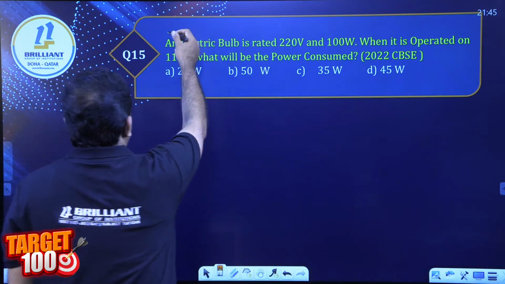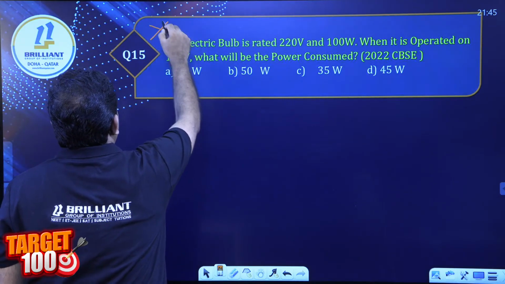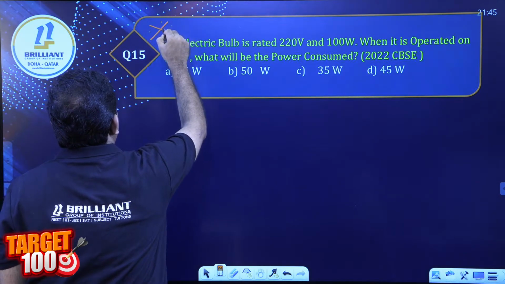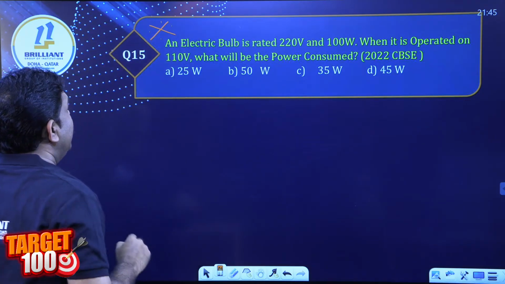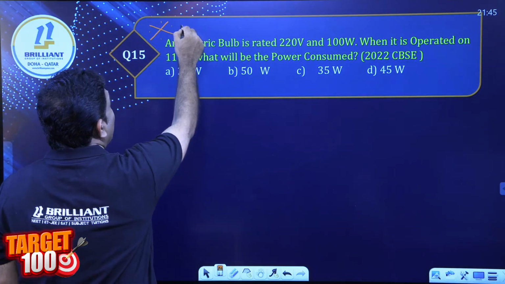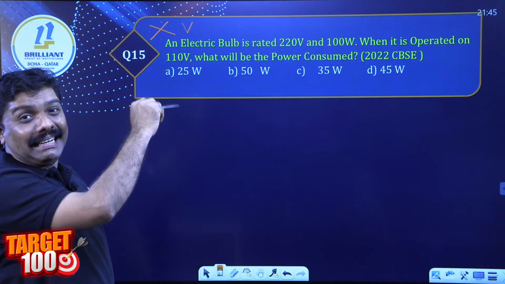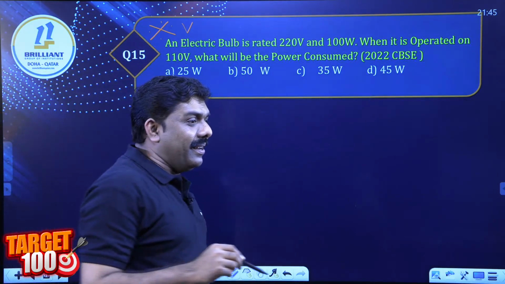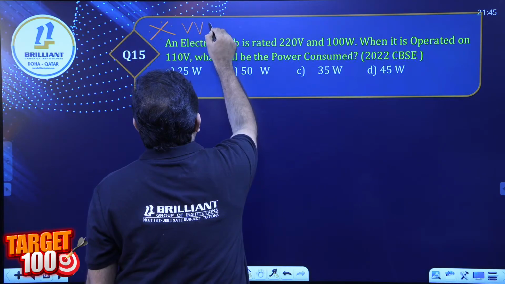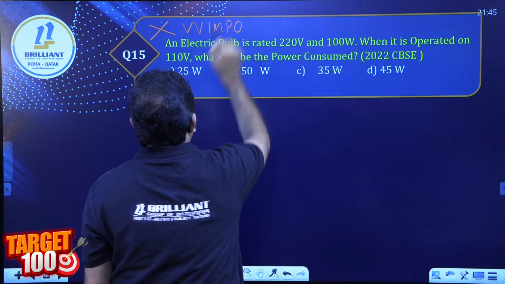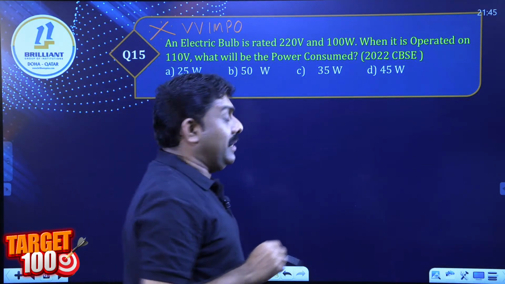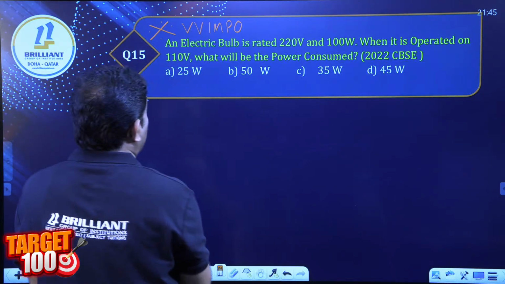Even for this board examination, it is a most possible type of question. A very important question. In my classroom I use a word for it, and my students know it: an important question. So what is that very important question?